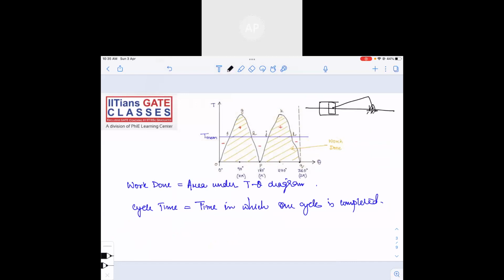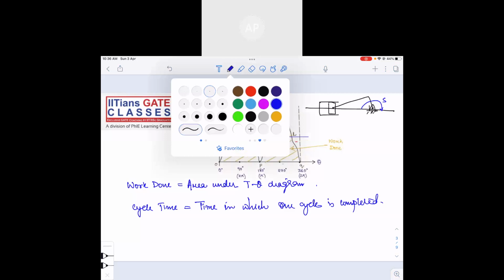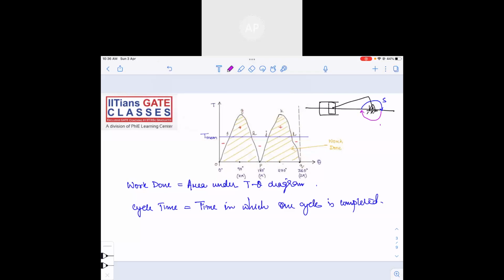During the suction stroke, the crank will move from here to here. Then you will have the compression stroke. So 180 degrees plus 180 degrees, that is 360 degrees over, right?